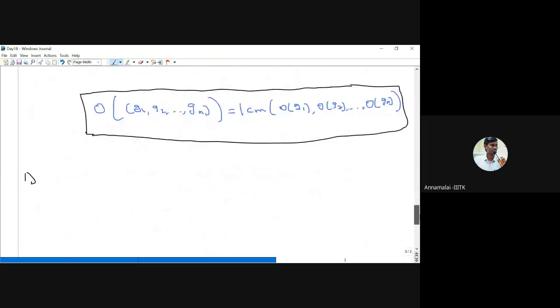Suppose G1, G2 are two cyclic groups, or you can call them A, B. G1 is one cyclic group and G2 is another cyclic group, finite cyclic groups. That is very important. This result is only true for finite groups, that is, both G1 and G2 are finite cyclic groups.